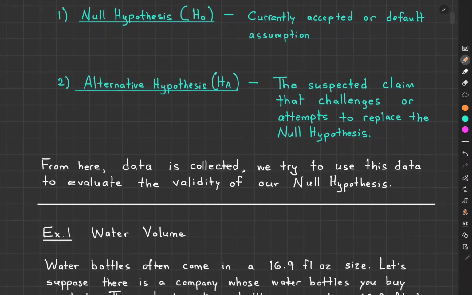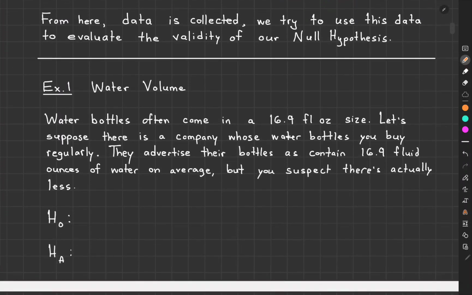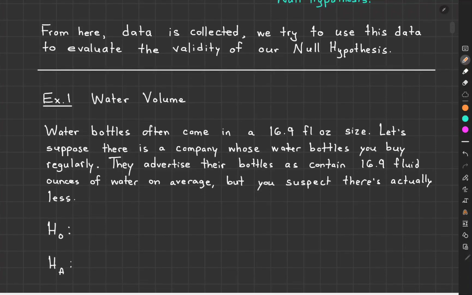Okay, so let's take a look at example 1. So let's suppose you're trying to study the amount of actual water that you get in a typical 16.9 ounce water bottle. So they're often advertised as coming in this size. There's a company, let's say, whose water bottles you buy regularly. They advertise their bottles as containing 16.9 fluid ounces of water on average, but you suspect that there's actually less than that.